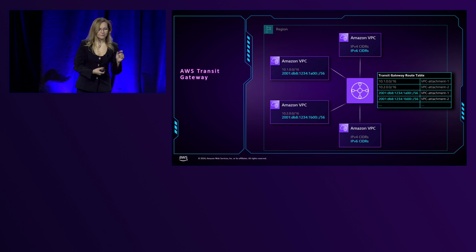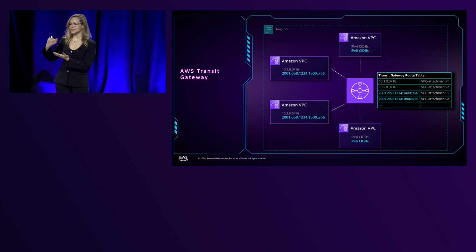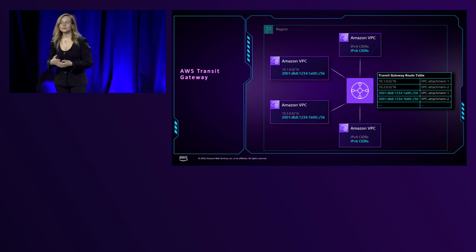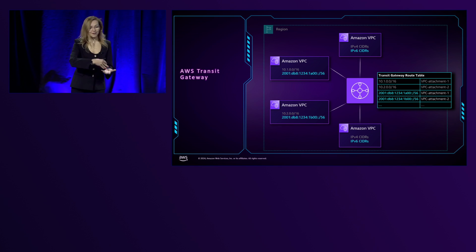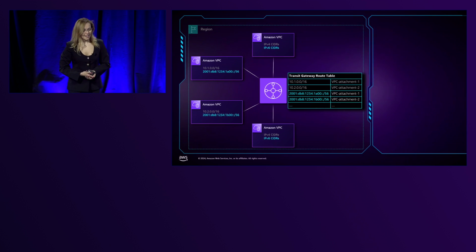There's a very big difference between association and propagation. When you associate an attachment to a route table, the traffic that comes in to that route table from that attachment is the one that is subject to the routing rules in that route table. Whereas you can propagate an attachment to many route tables on the Transit Gateway, and you can therefore get those routes automatically populated in those route tables.